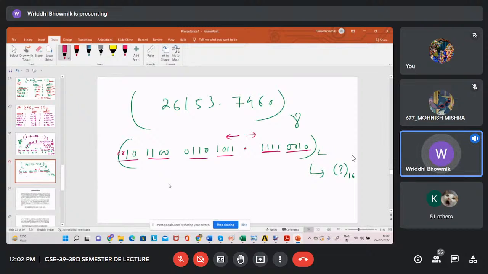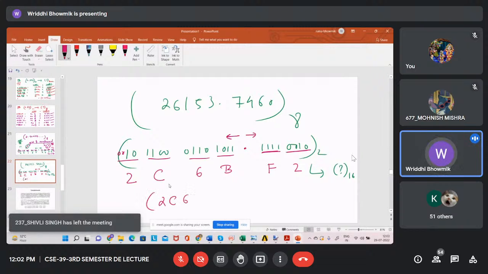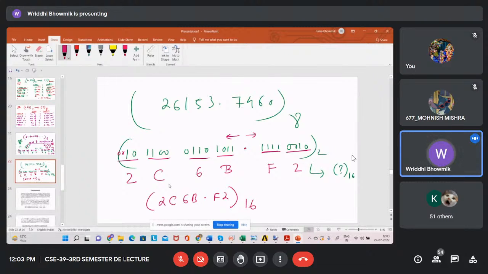So 1011 means 11, and 11 is represented by B. 0110 means 6. 1100 means 12, so it will be represented by C, and this is 2. 1111 means 15, it will be represented by F, and again 0010 means 2. So finally you have 2C6B point F2 base 16. Okay, so this is the hexadecimal.